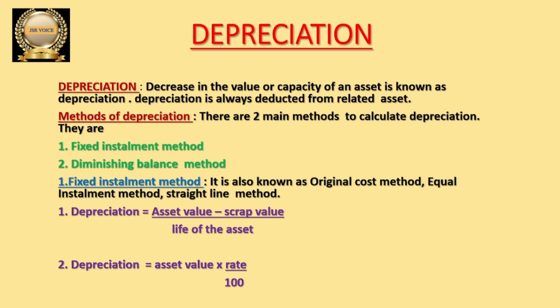So let us go to the first formula. Asset value means what? We should add 4 items to get the asset value: purchasing price of the asset, transport charges, installation charges, and erection or repair charges. If we add all these 4, then we call it asset value.